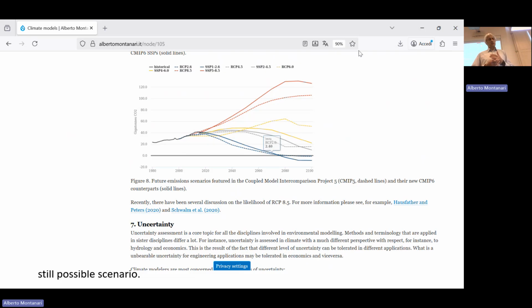Indeed, there are some researchers, very few of them, that demonstrated that we are very close to the cap. I could find a paper that demonstrated that by 2030, probably if we are not in the cap, we will be very close.